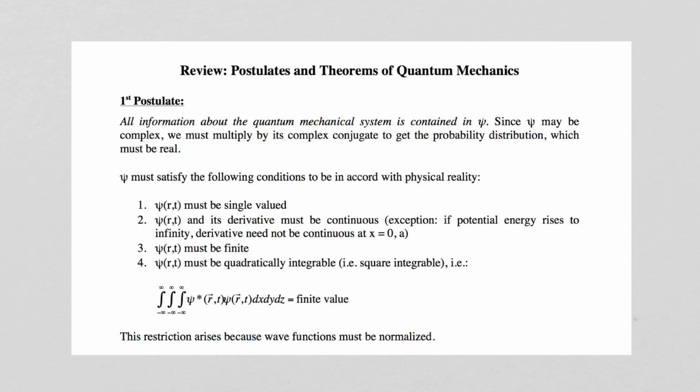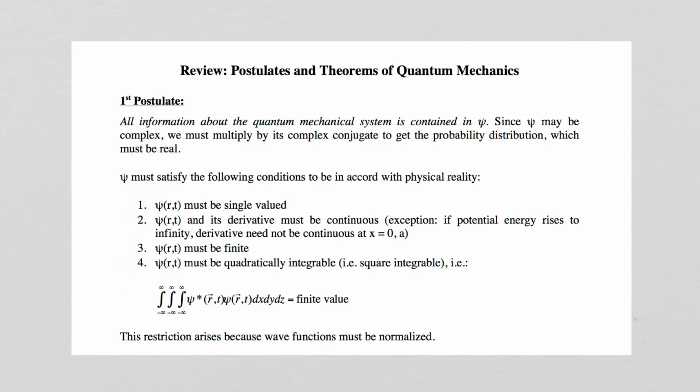Now the key here is that there are only certain functions that will make a suitable wave function, and there are certain conditions that have to be satisfied for our wave function to be valid. And these are the four conditions for having a suitable wave function.